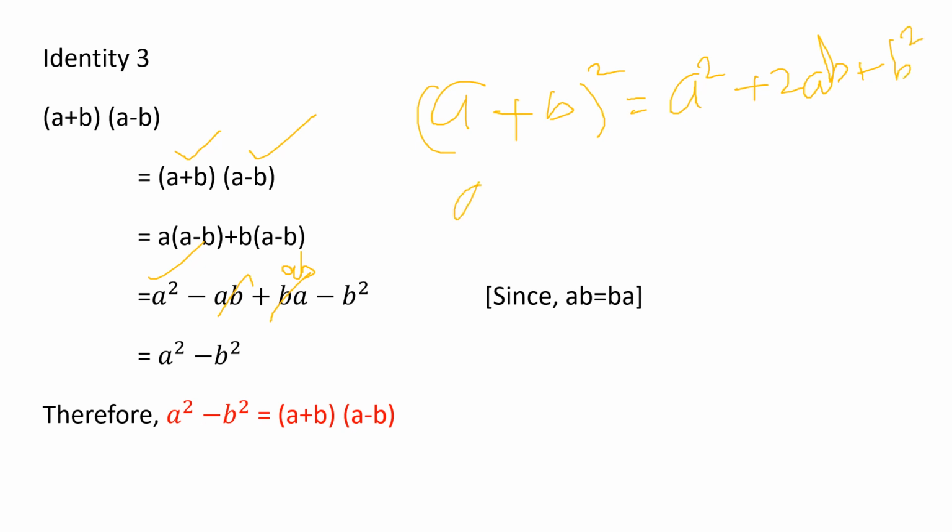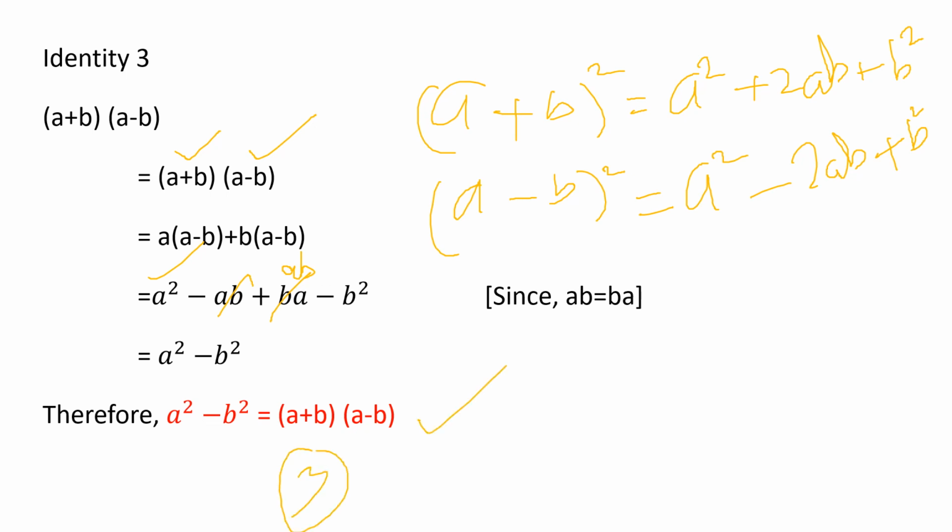And the second one, (a minus b) the whole square, is equal to a square minus 2ab plus b square. This is the second identity. So what is the third one? The third one is a square minus b square is equal to (a plus b) into (a minus b).